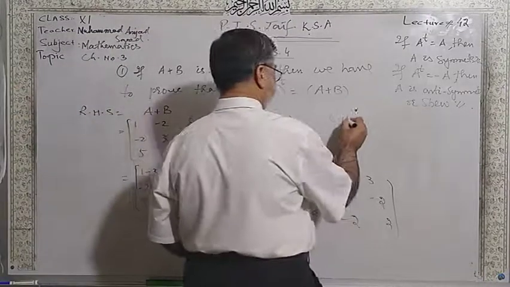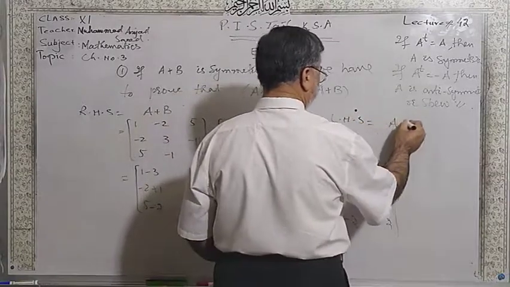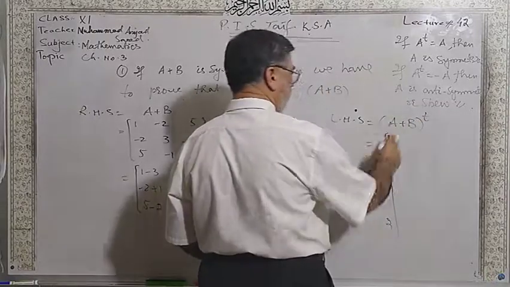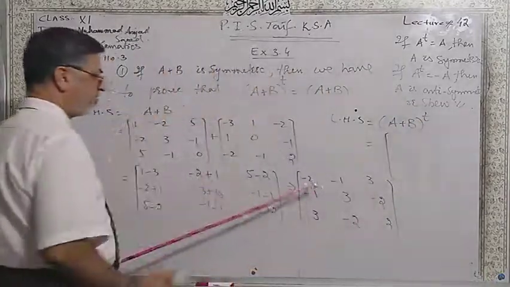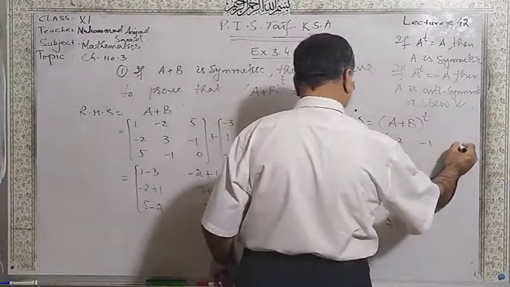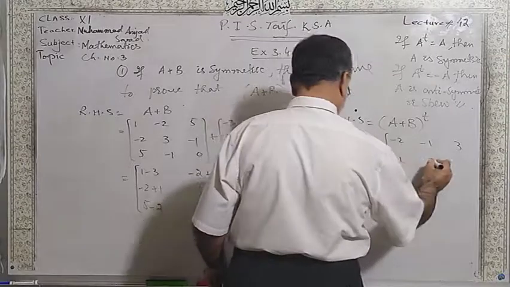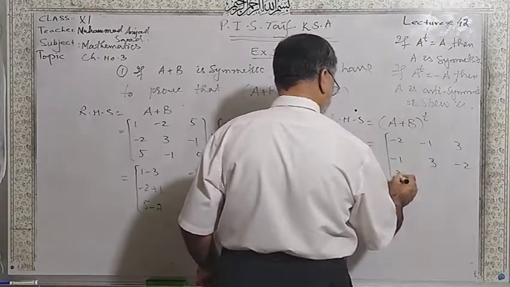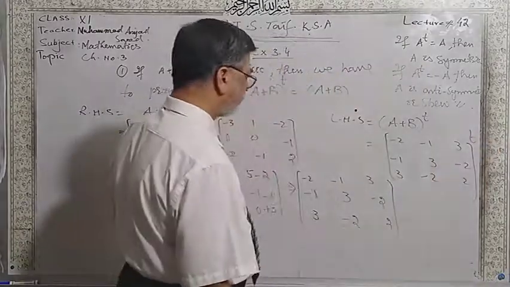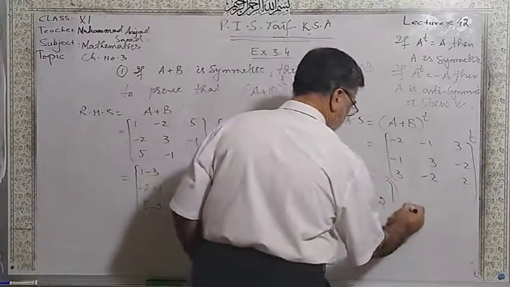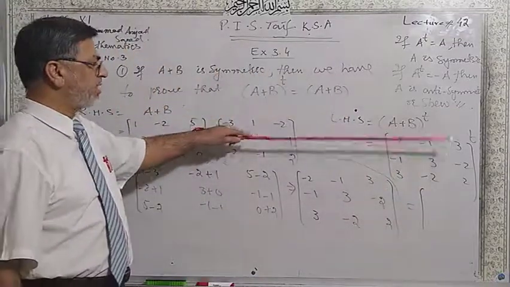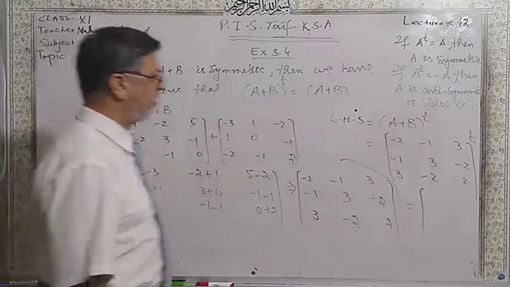So what about the left hand side? That is A plus B transpose. You will write down A plus B, and this is A plus B, minus 2, minus 1 and 3, minus 1, 3 and minus 2, 3 minus 2 and 2, whole transpose. After that, remember that in case of transpose, you interchange rows into columns.